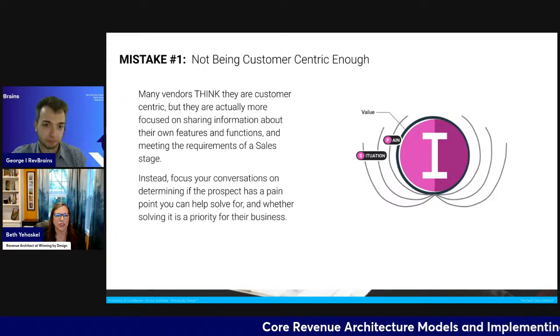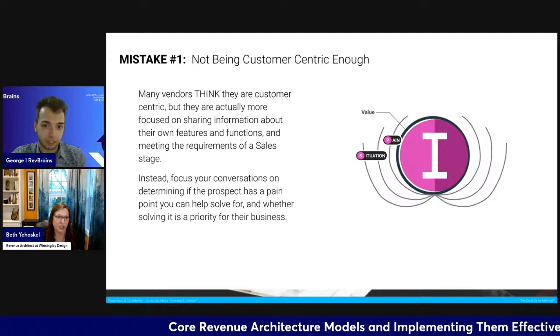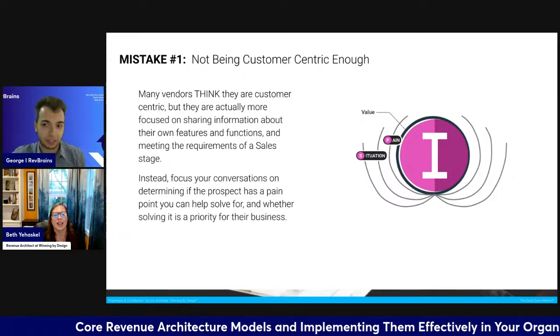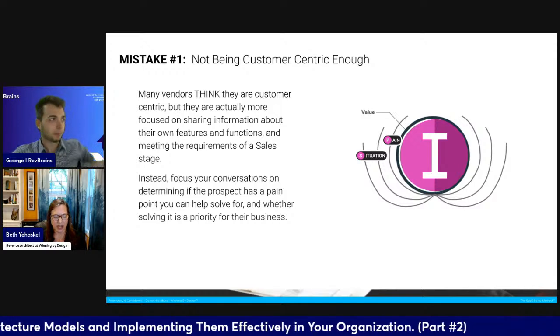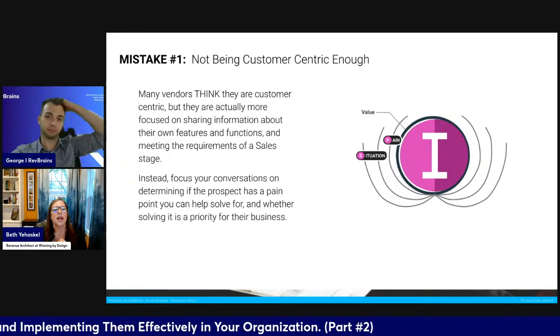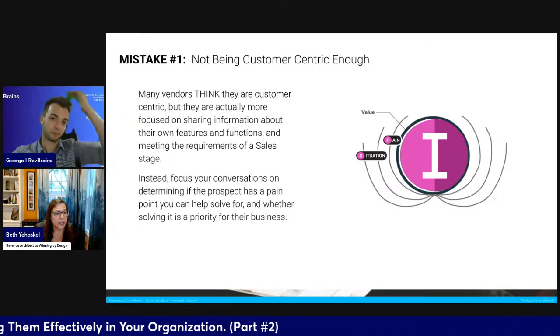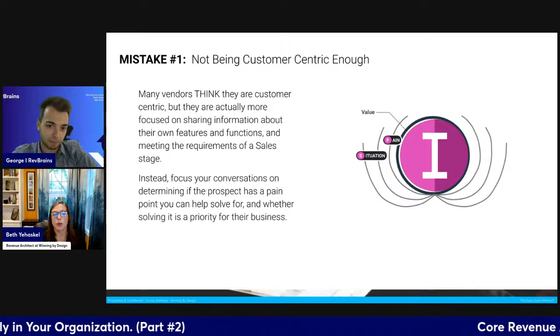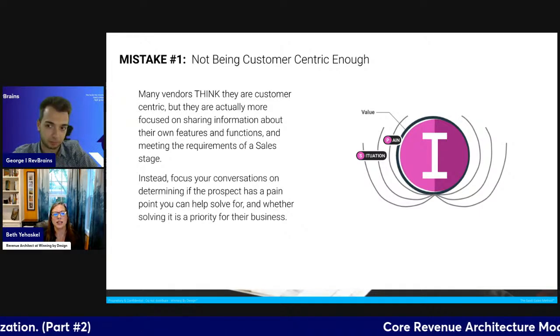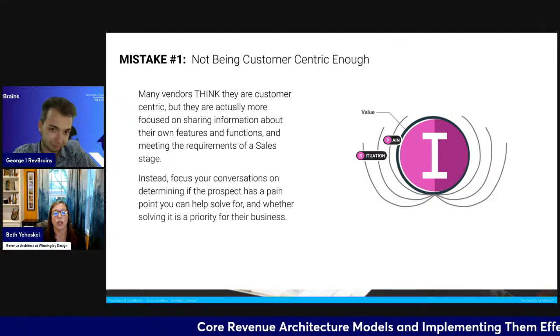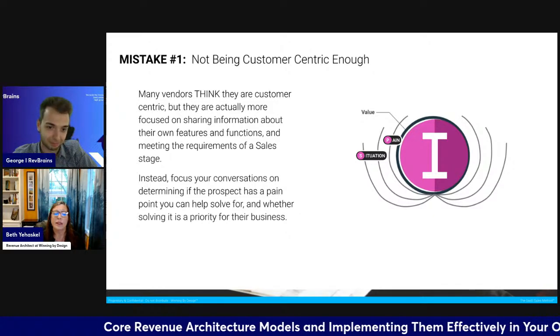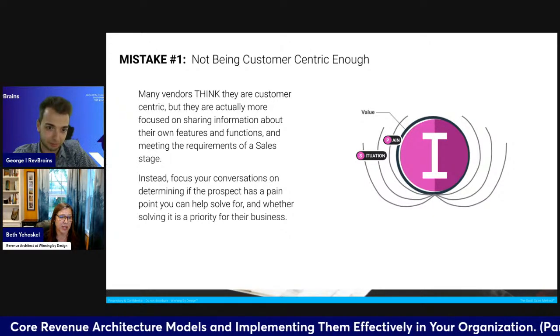Not being customer centric enough. Everybody says that they're customer centric, but at the end of the day, if you look at a call recording or you look at a deck that you're presenting to a prospect, and if most of the content talks about your business and your company and your features and what you do and your roadmap, then you are likely not as customer centric as you think.